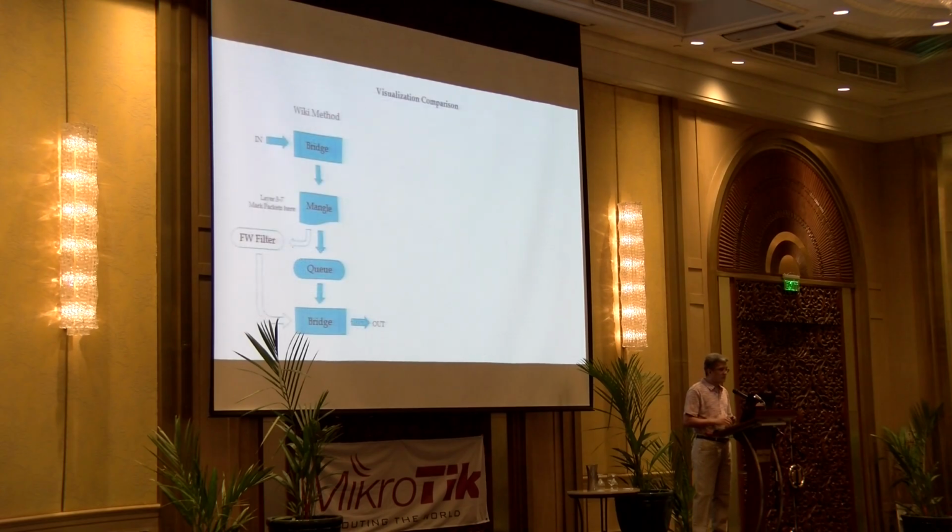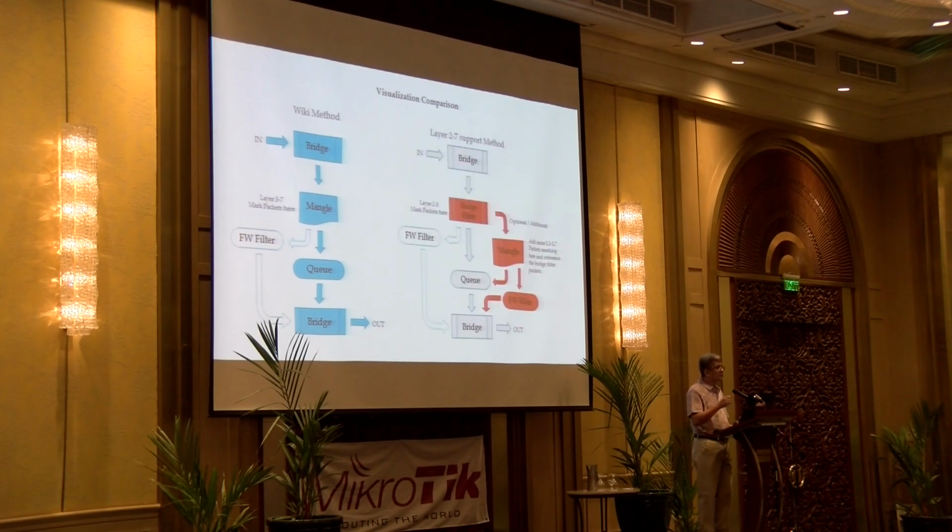Now, just a comparison. In the wiki, the method is the packet gets into the bridge, goes to the mangle, goes to the queue, and then the bridge out. So there is no layer 2 right there. It's only pure layer 3 all the way to 7. And my method covers from layer 2 to layer 7. So you can see the red-orange color, the bridge filter, the mangle, and the firewall filter.